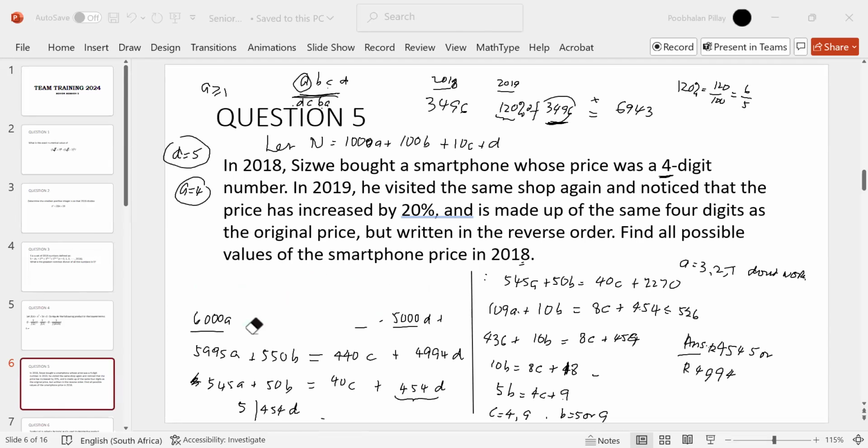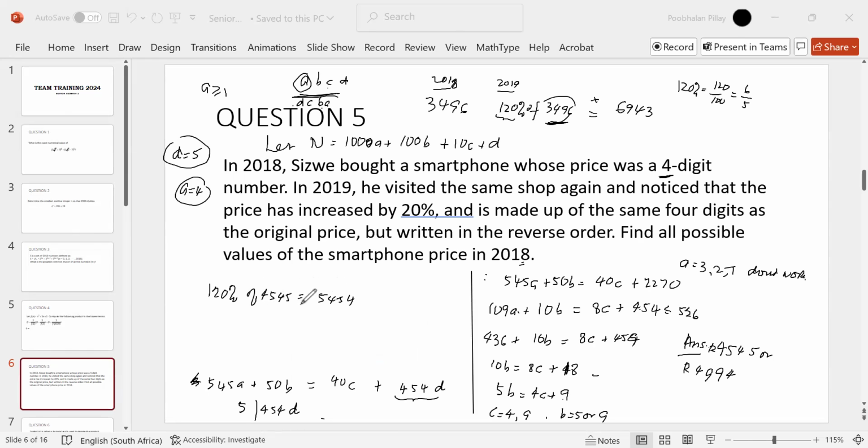The cell phone either costs 4,545 or 4,994. And if you actually calculate this, if you work out 120% of 4545, you'll get 5454, which is that in reverse.